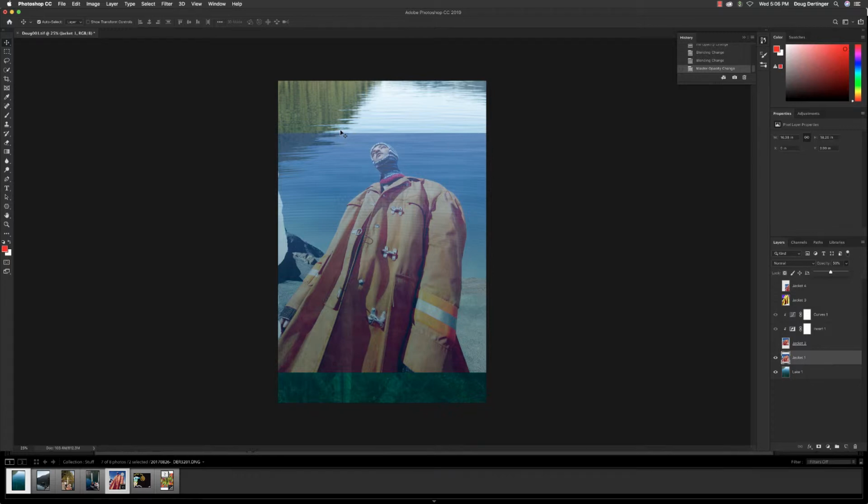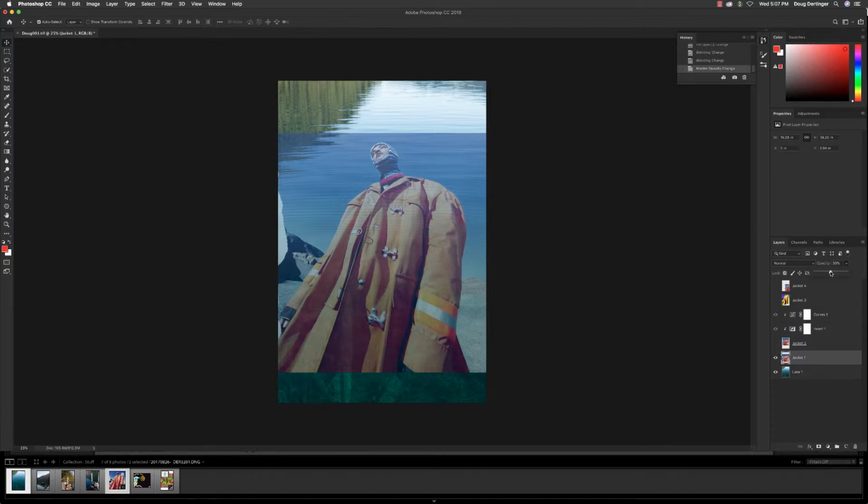And it seems like Lake 1 is coming through a transparency of Jacket 1 sitting on top of Lake 1. That is not what's happening. It is not actually truly transparent, but it mimics the effect of transparency.